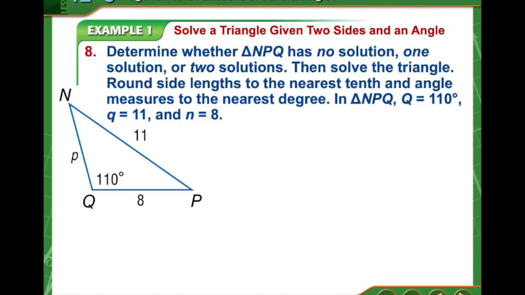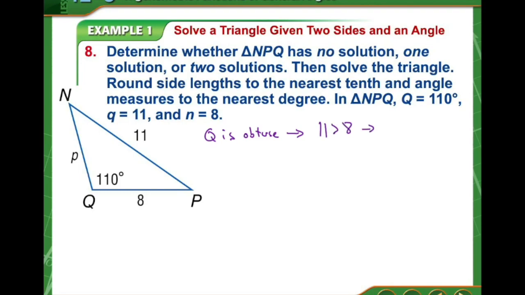So this first one, first we need to figure out how many solutions we have, if we have any at all. And if we have one or two, then we're going to find them. So with this one here, we know that Q is obtuse. And since Q is obtuse, we need to look at the sides that we're given, the 8 and the 11. 11 is the side opposite of our obtuse angle, and that is greater than this other side we do have.